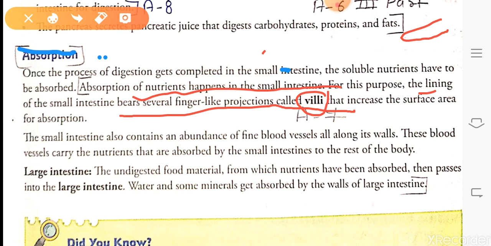What are villi? Villi are the finger-like projections present in the small intestine that increase the surface area for absorption.